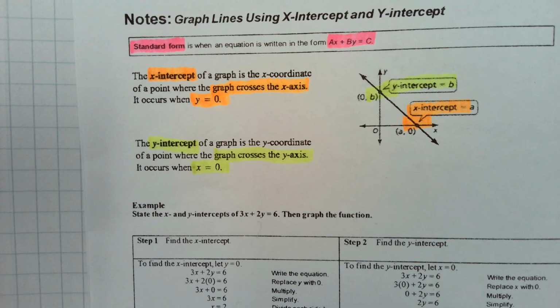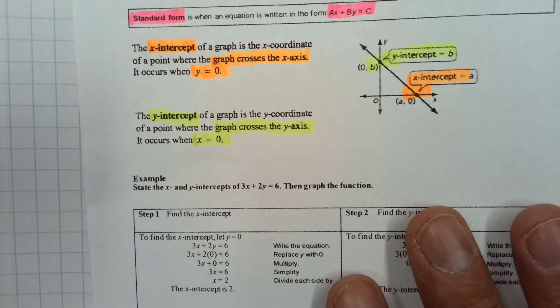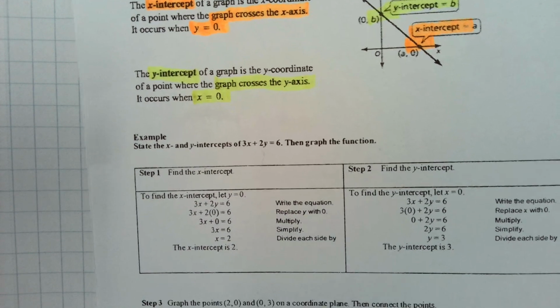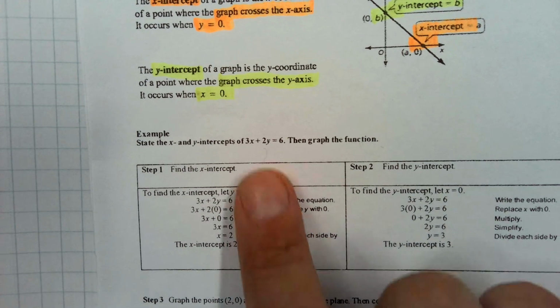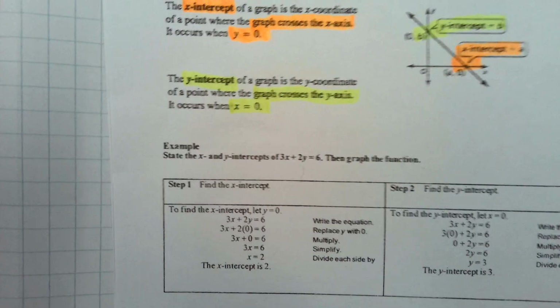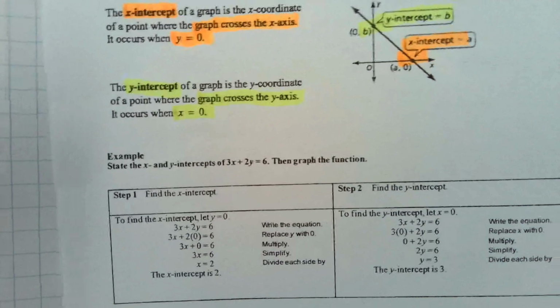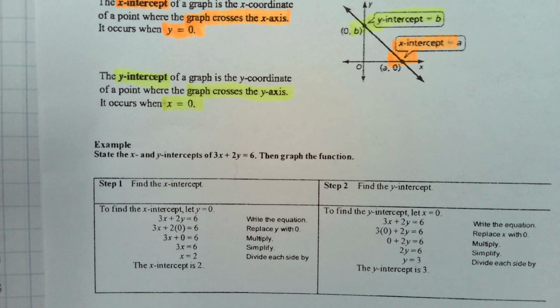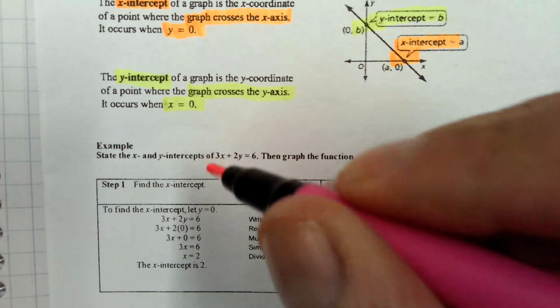So let's begin. This example they gave us is all worked out, so there's nothing we need to write here. We'll add a few things to help us understand it. But let's say we have the equation 3x plus 2y equals 6. We want to graph this equation. Let me highlight this.